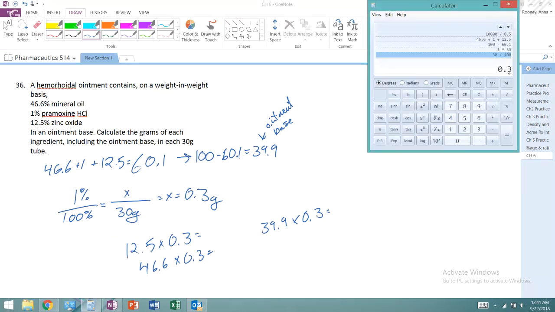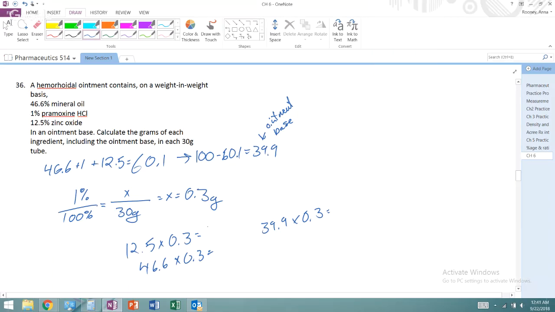Otherwise, I would set it up, all of them, like this. So 12.5 times 0.3 is 3.75 grams.